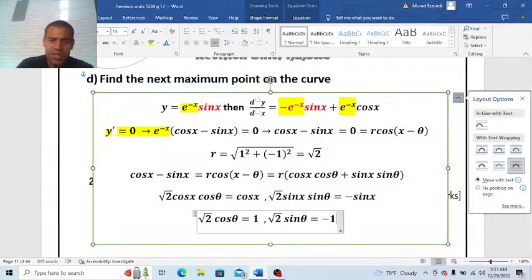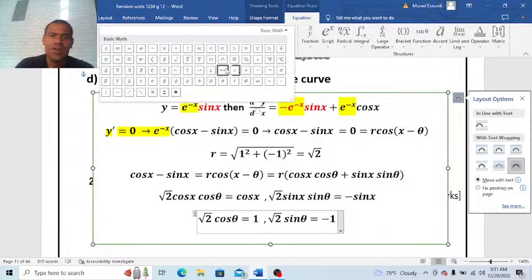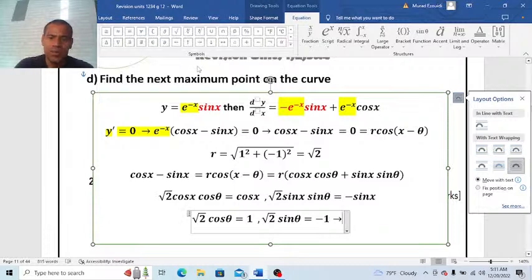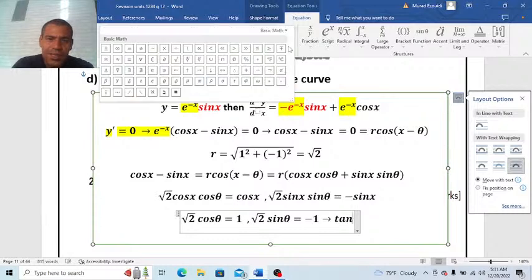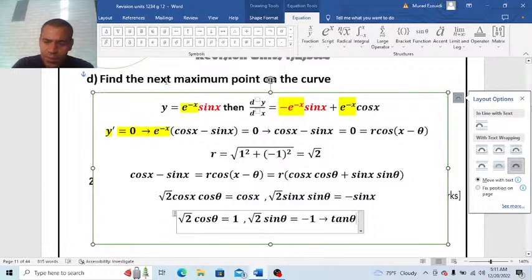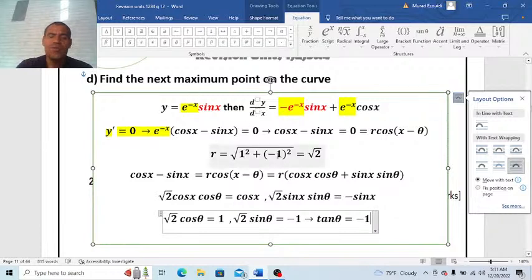Tangent ratio is sine over cosine, means tangent of theta. Tan theta is equal to what? Is equal to 1 divided by minus 1, equal minus 1. Therefore theta is tan minus 1 of minus 1.